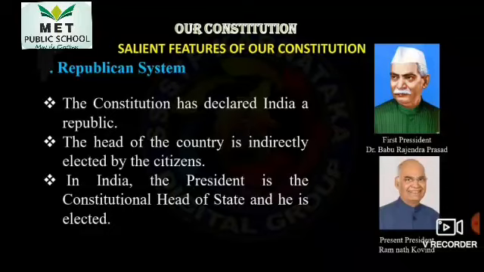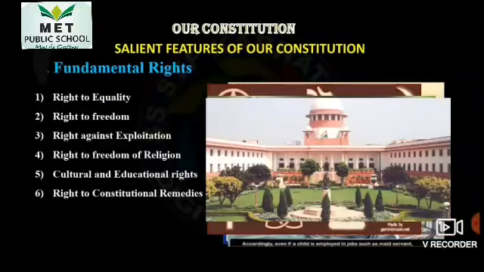In India, the president is the constitutional head of the state and he is elected. As you all know, the present president is Ramnath Kovind, and the first president of independent India is Dr. Babu Rajendra Prasad.